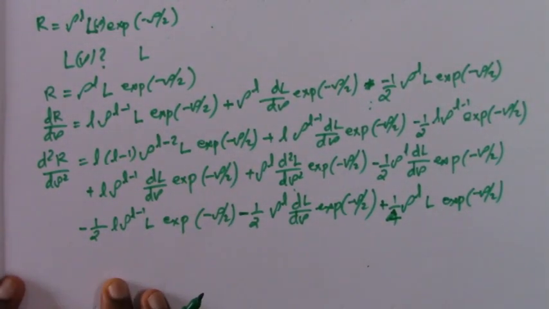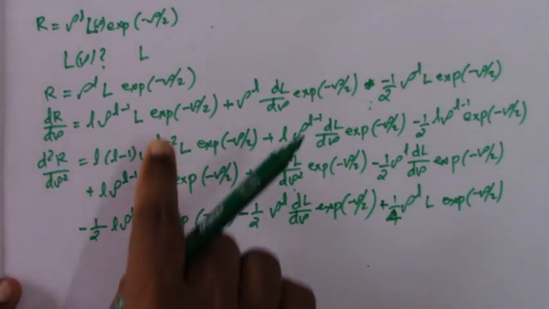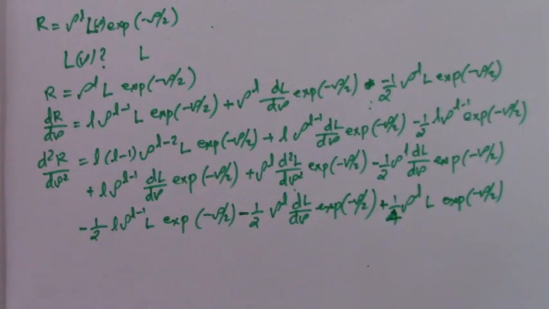So we will get some common factors like d square L by d rho square, dL by d rho, and L. And for all these we have exponential minus rho by 2 as a common factor that we will write at the end.